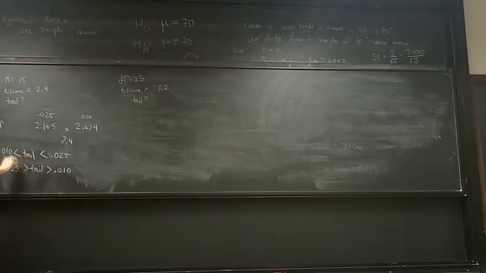Or alternatively, you can write 0.025 is greater than your tail, which is greater than 0.010. You should be comfortable with both forms of writing. It's saying the same thing, as long as your greater thans or less thans, what you learn with alligator mouths, are pointing in the right direction, eating the bigger number.